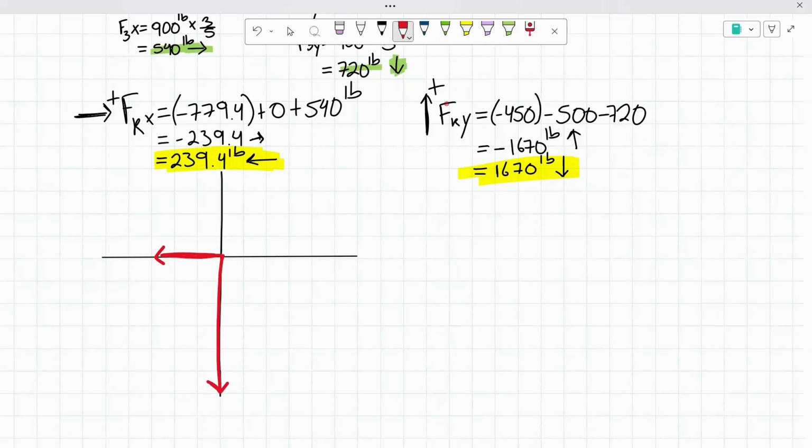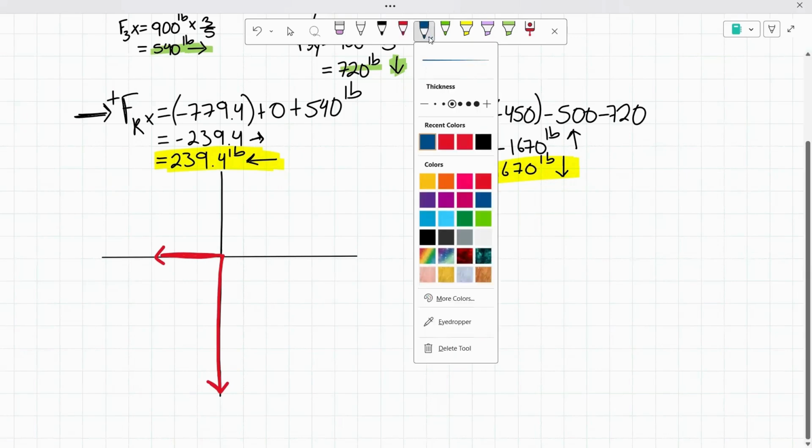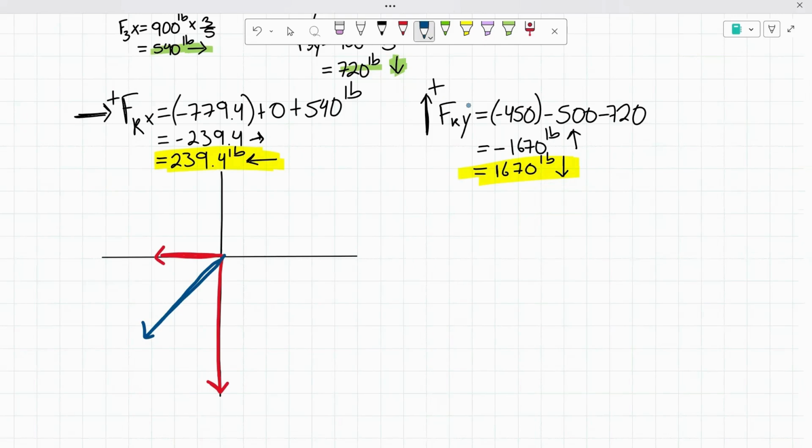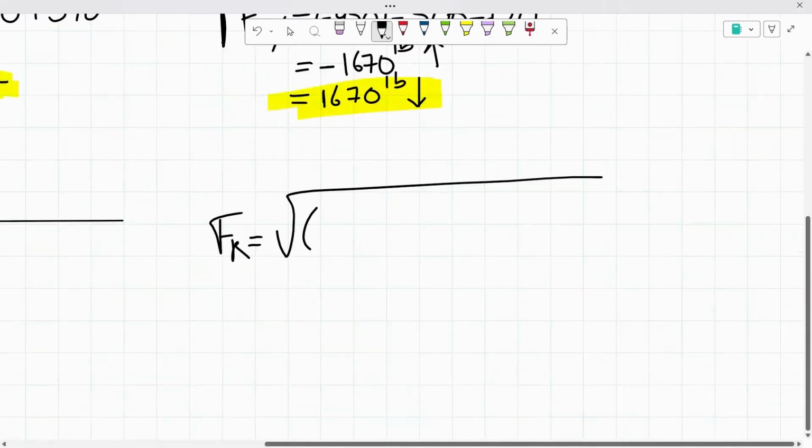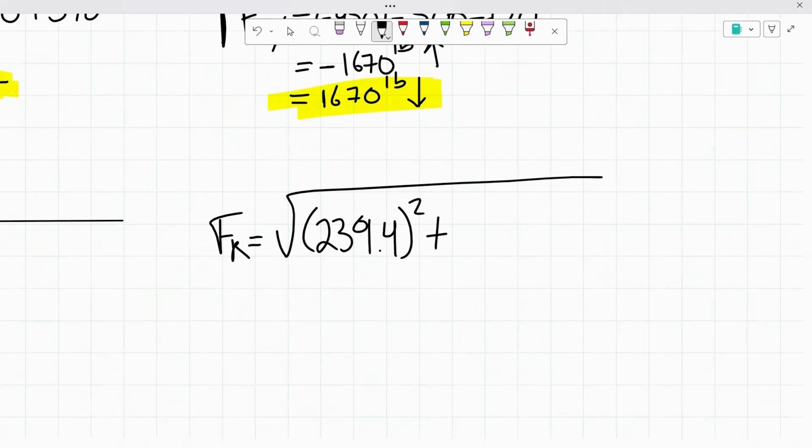Now that we have that, our resultant force is a force that's going to be coming right here, which is what we're trying to find. We're trying to find its magnitude. So to find its magnitude, resultant force is equal to the square root of 239.4 squared plus the 1,670 squared.